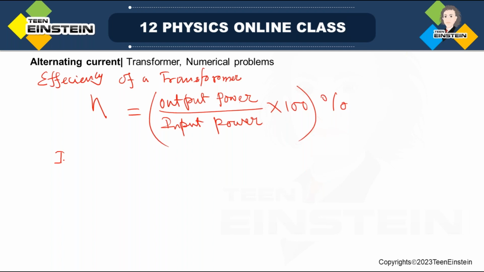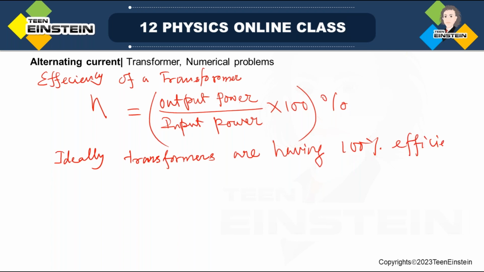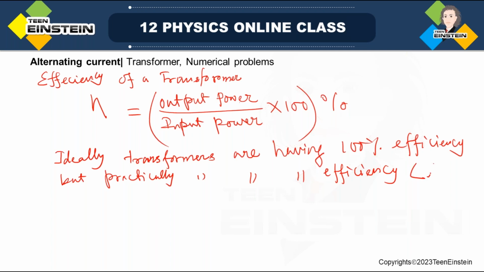Ideally, transformers have 100% efficiency, but practically transformers have efficiency less than 100%.